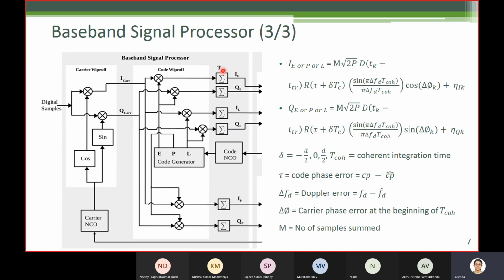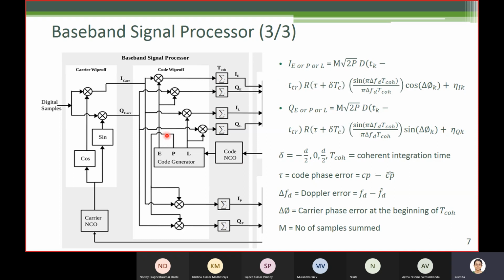So if we restrict T coherent within 20 milliseconds, there is a higher chance that D will not change its sign. So we assume that D has the same sign over this summation interval T coherent. If D changes sign, then this will introduce error. Okay, so we'll not get into that. We assume that within this summation interval, which is called the coherent integration time, D does not change its sign, so it remains the same as it is in the incoming signal samples, and therefore we take it as it is. This is not changed.